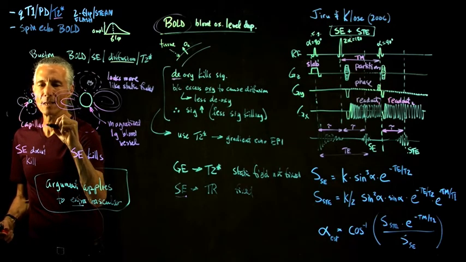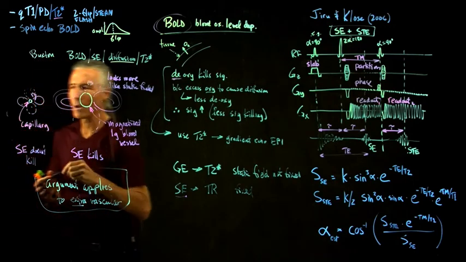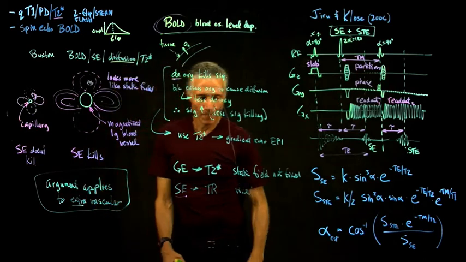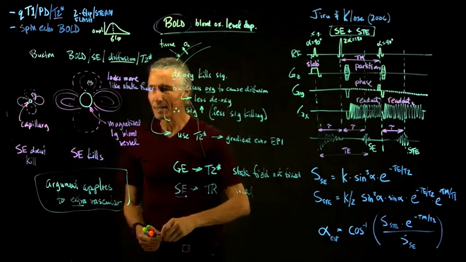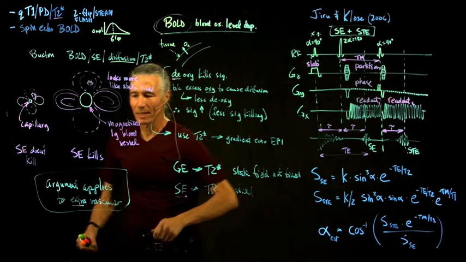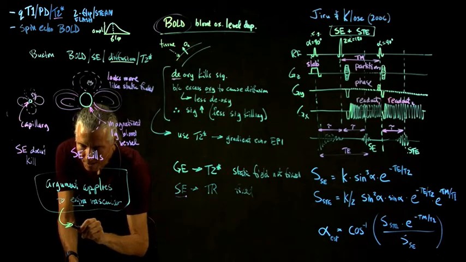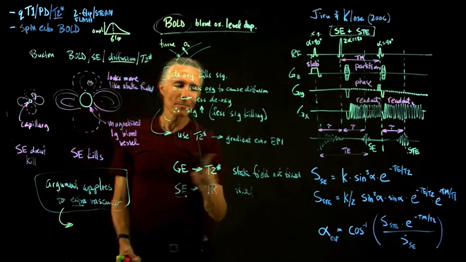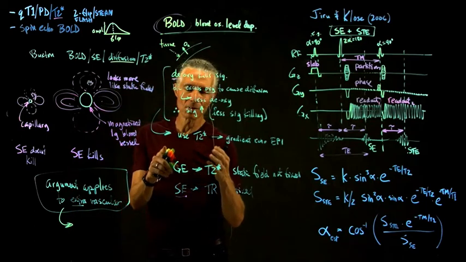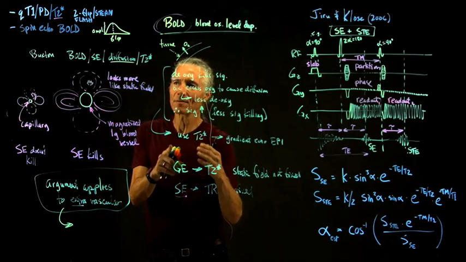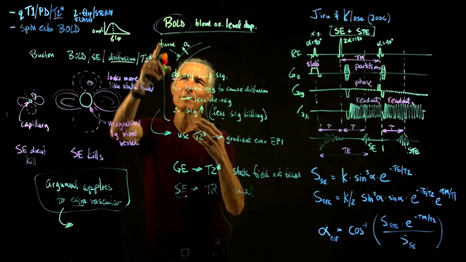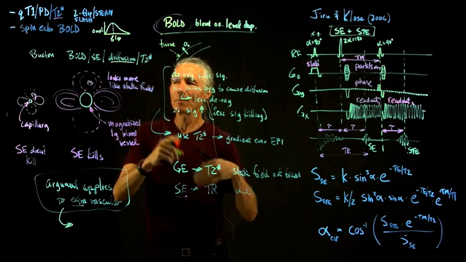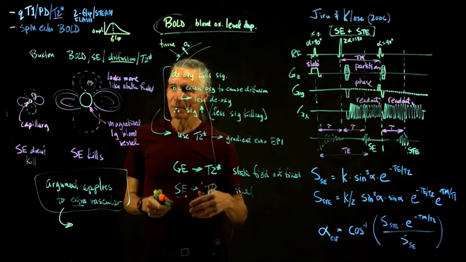So we're interested in recording from the tissue around capillaries, and there is some experimental evidence that suggests the spatial specificity is better. Another problem why people haven't done a lot of spin echo BOLD experiments is because it really kills your signal.